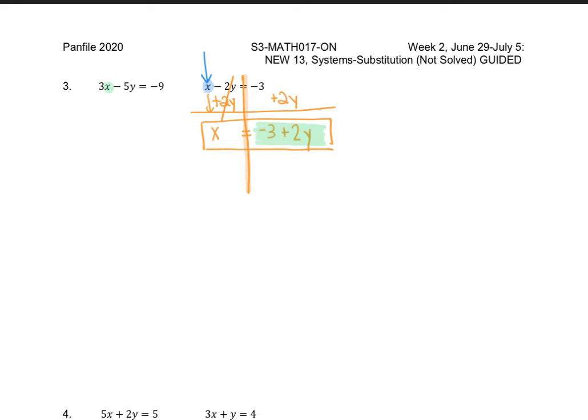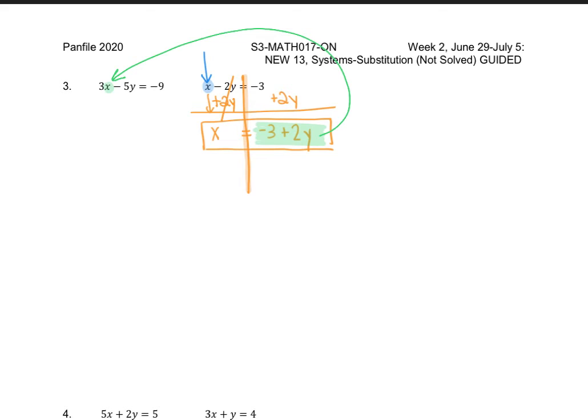Well, I'm putting in this negative 3 plus 2y, and I'm plugging it in to the x in that 3x minus 5y equals negative 9. Because again, I need to get rid of those double variables. I can't solve an equation with two variables. I need to turn it into one variable.